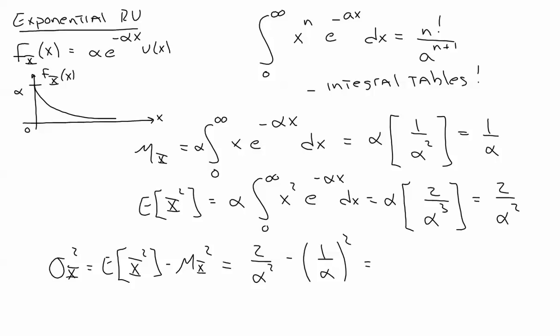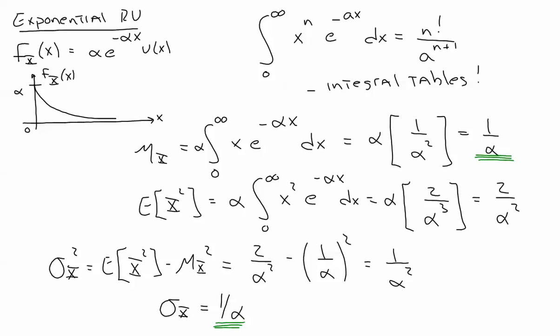Simplify that, and I just get 1 over alpha squared. Or, taking the square root of that, I can find the standard deviation. Turns out for the exponential random variable that the standard deviation equals the mean value.